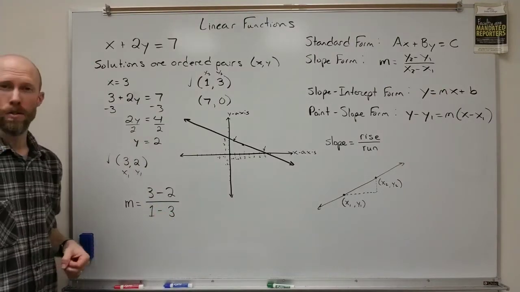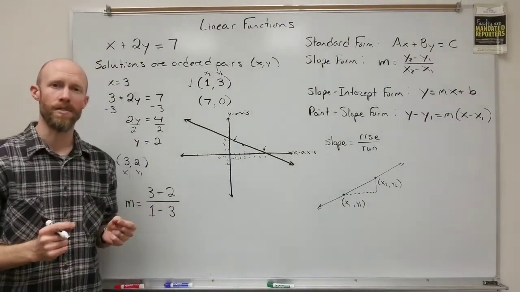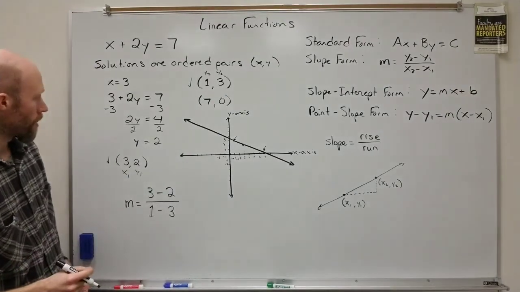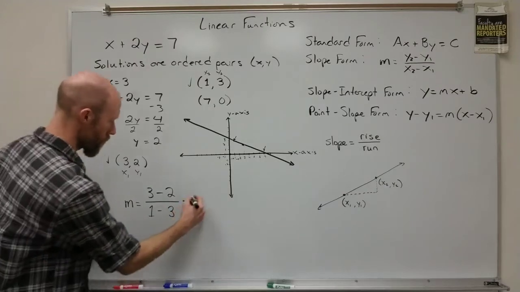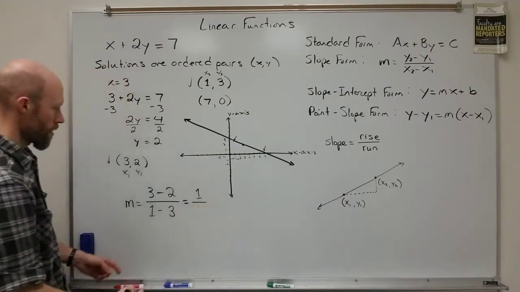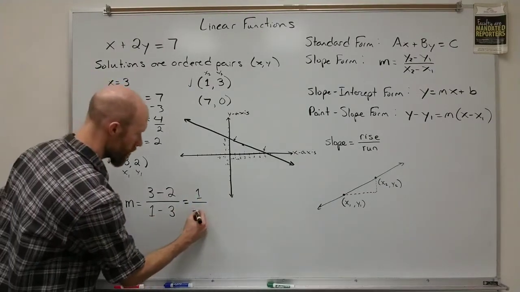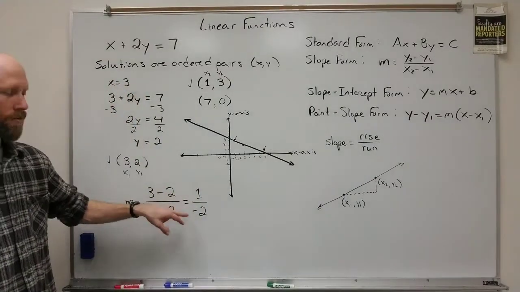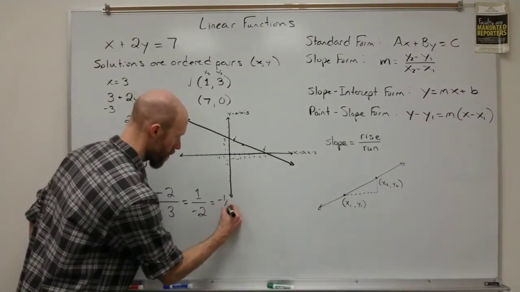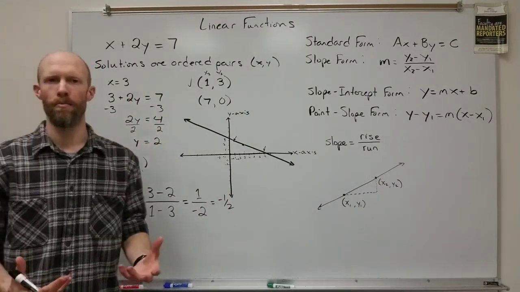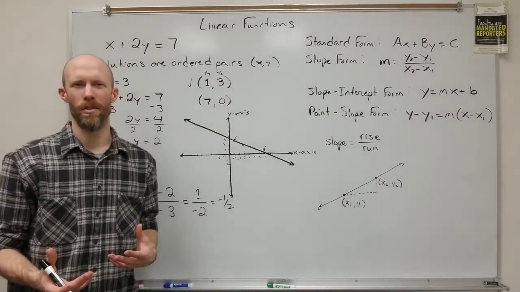So I just plug in the 4 numbers. They have to be in the right spot. Then you calculate. Numerator, 3 minus 2, that's a difference of 1. Denominator, 1 minus 3 is negative 2. 1 divided by negative 2, simplified, is simply negative 1/2, or negative 0.5, but decimals aren't very useful here.